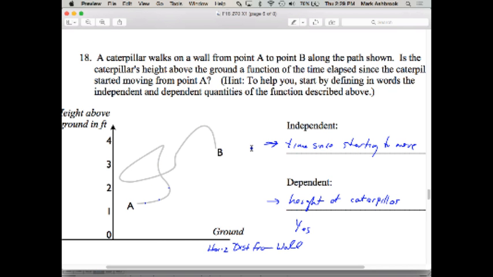Okay? But I offer to you that it could be a function. That curve could represent a function. And so now I want you to think about what that function could be. This particular curve. How could this curve be a function?